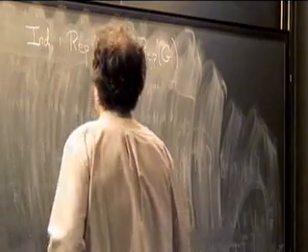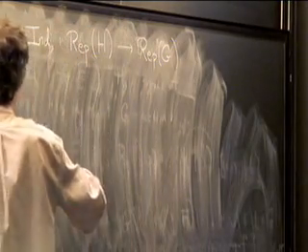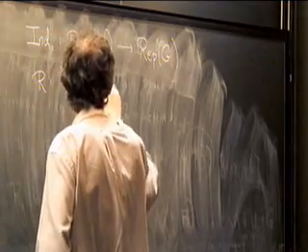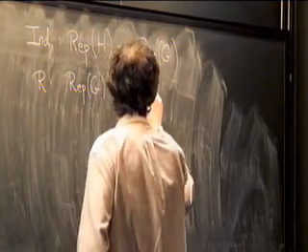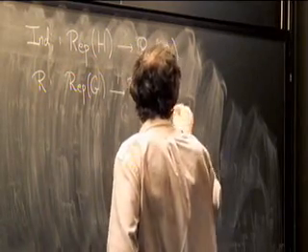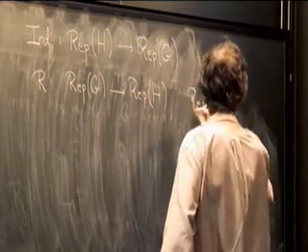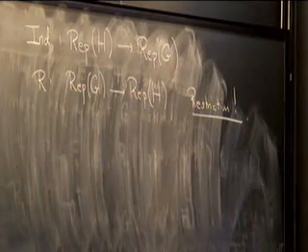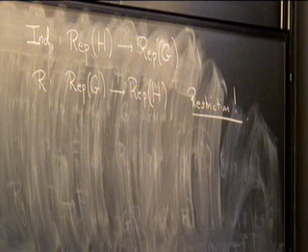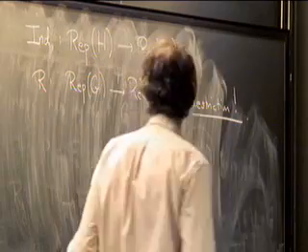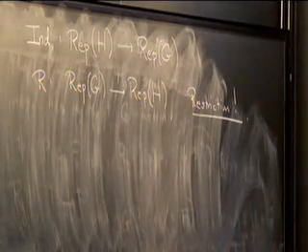Now, on the other hand, there's an obvious functor going the other way. Let's call it R, from the category of representations of G to the category of representations of H. And that's just given by restriction. You see, if you have a representation of a group G and you have a subgroup H, it's obviously a representation of H. Okay? Clear. Now, we could ask, how are these related?